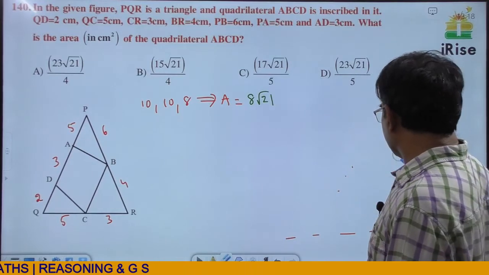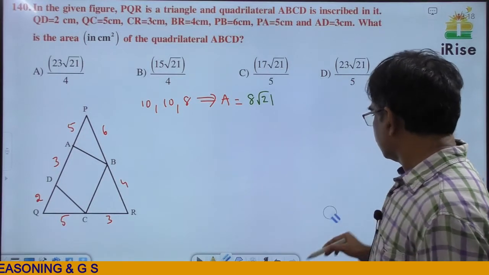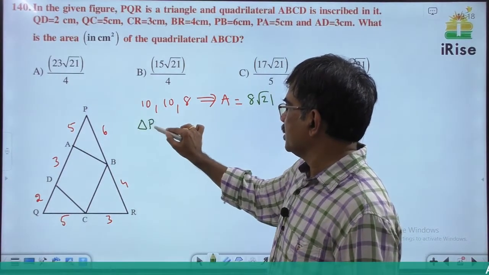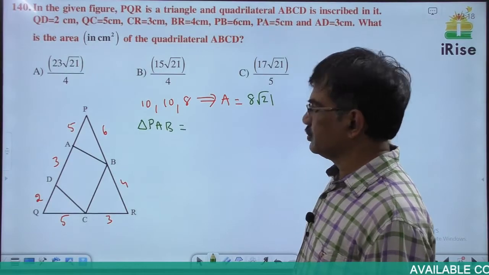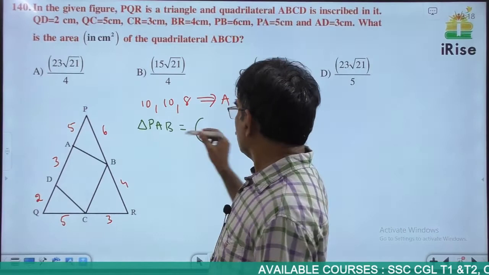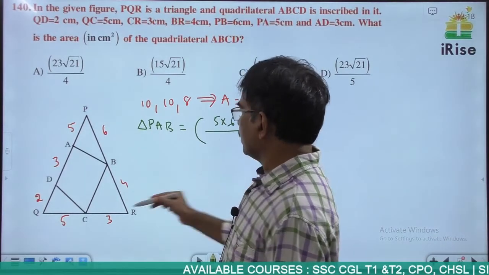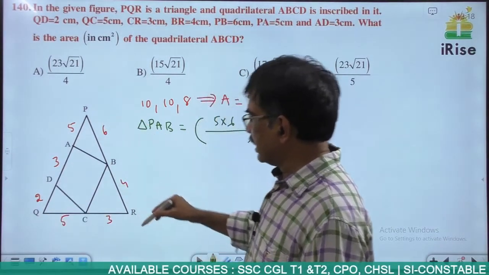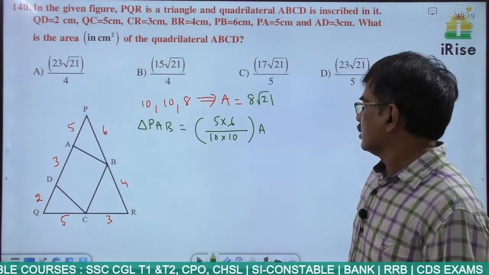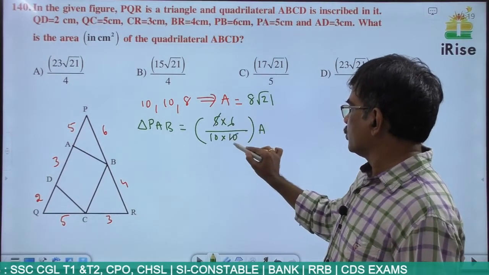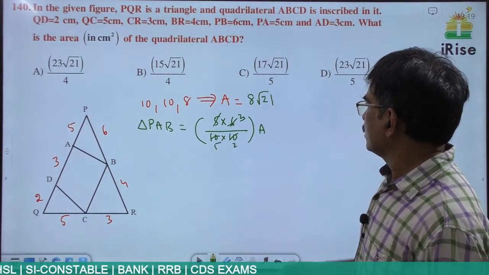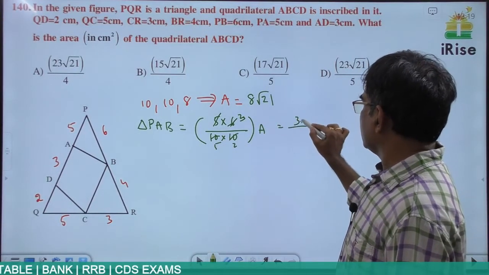After finding the area, what is the area of this triangle PAB? Triangle PAB area, in the total area, is 5 into 6 by 10 into 10. So 5 2's cancel, 2 3's 2 5's cancel. What we get here is 3A by 10.